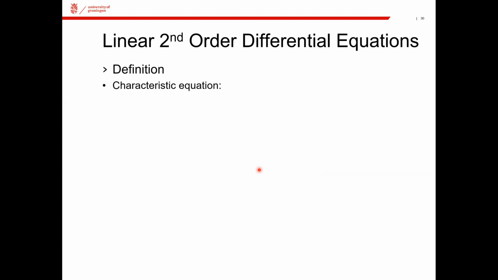Okay, then the characteristic equation. Assume y equals e to the power of rx is the solution of the second order differential equation. Then the first order derivative of y is r times e to the power of rx, and the second order derivative is r squared times e to the power of rx.